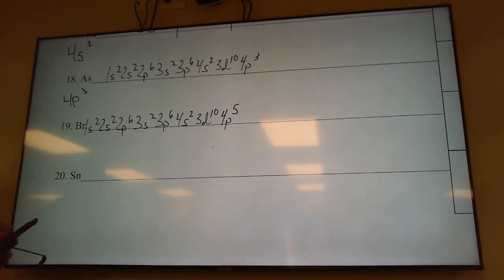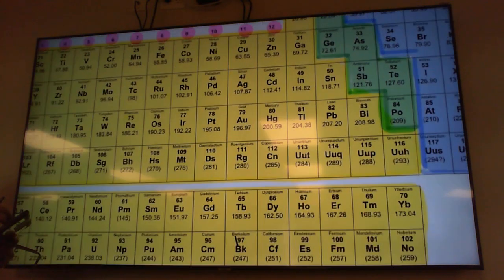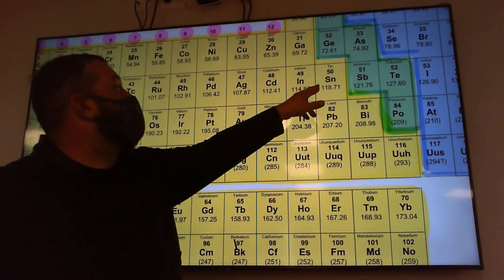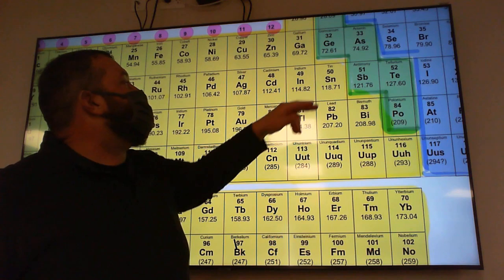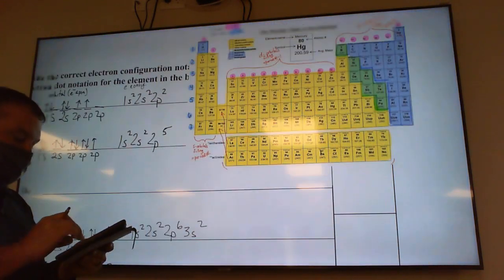Okay, last one is tin. If I look at tin, tin is way over here. It's in the 5th period, it's in the P block, and it's 2 over. So that ends in 5p2.